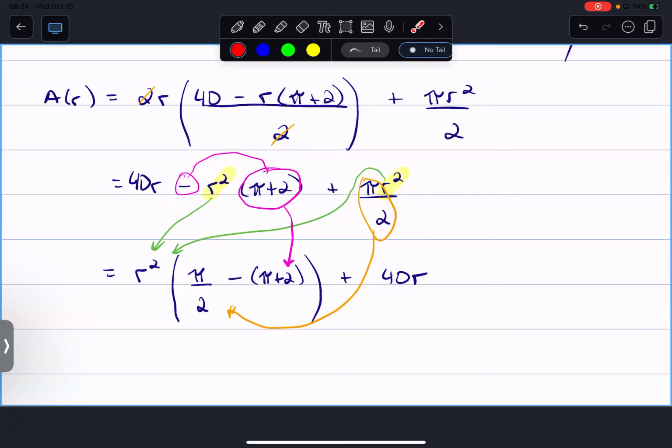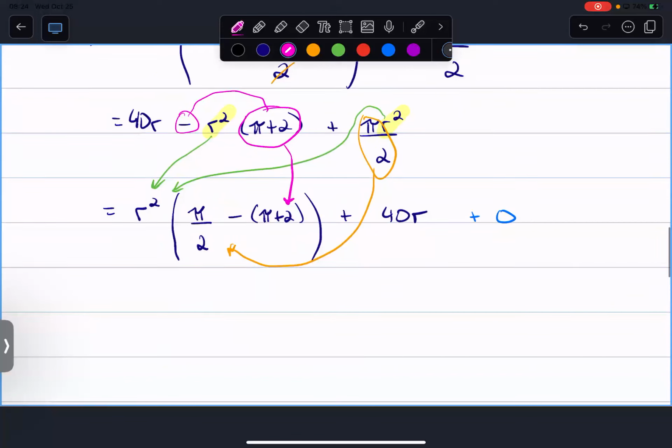Okay, so in terms of a quadratic, this is really plus 0. Now we have it in standard form, ax squared plus bx plus c. So here we've got ax squared plus bx plus c.